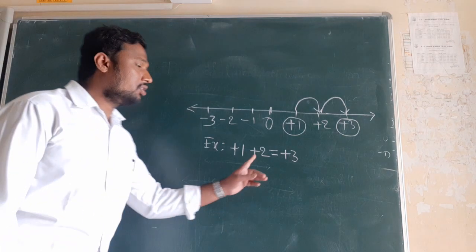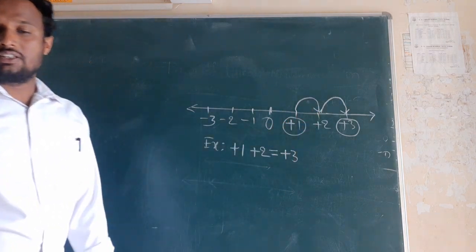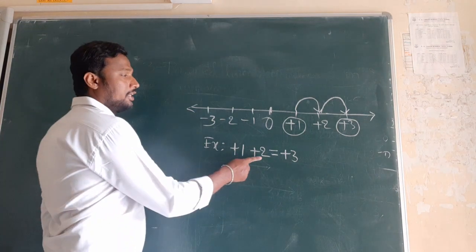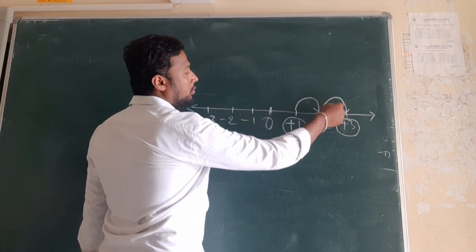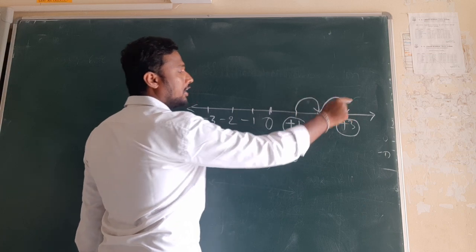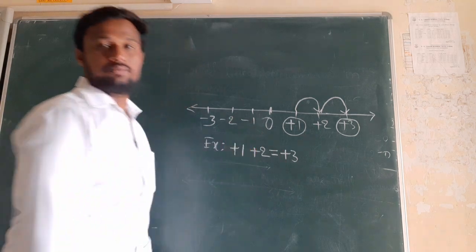And based on the given number, how many times you are adding, you have to move that many steps. So here I am adding 2. Therefore, from this +1 I have to move 2 times. This is one time and second time. So we got the answer, that is +3.